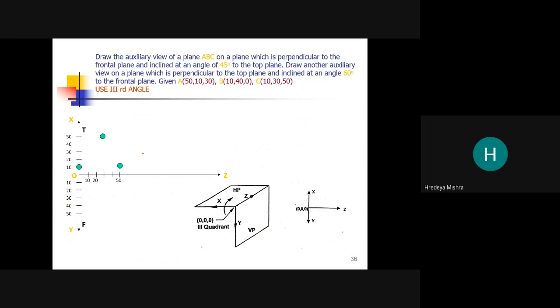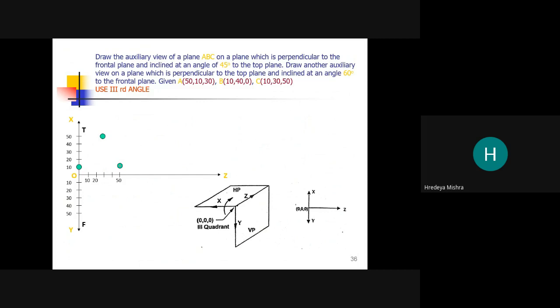Given A point, B point and C point. So the triangle points are given here: 5, 10, 30, 10, 40, 10, 30. Forget about the Z direction now. So here we can see 10, 50.